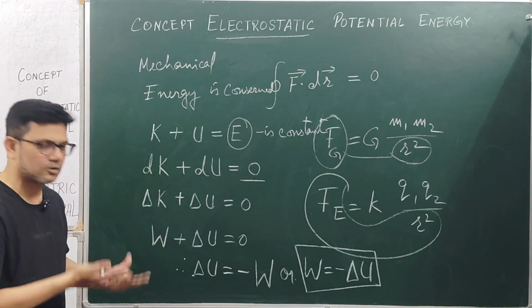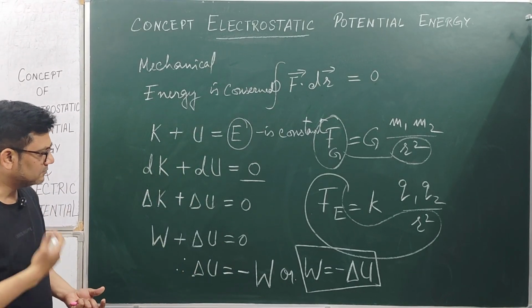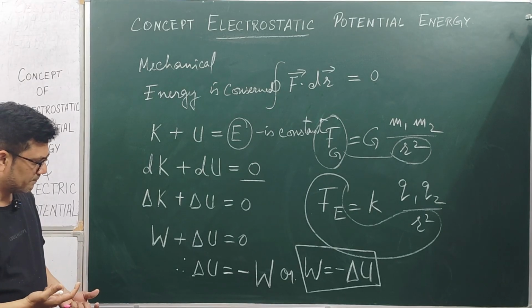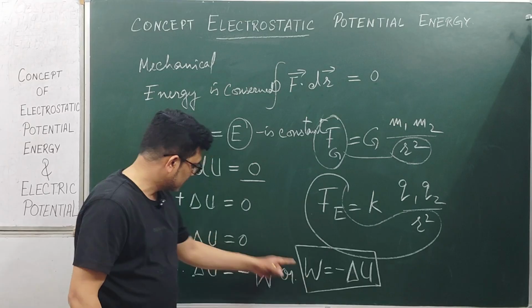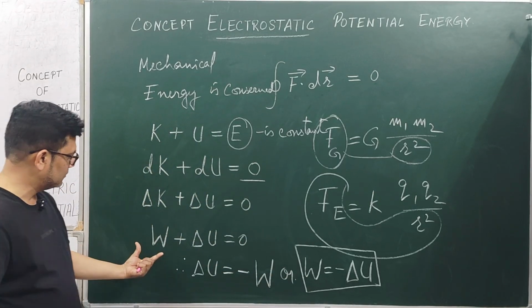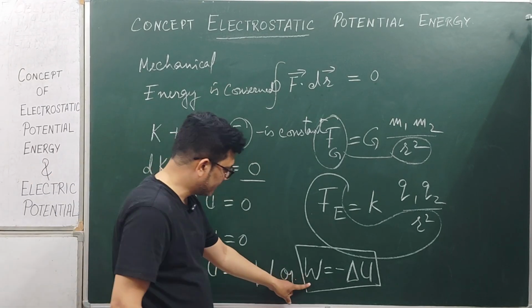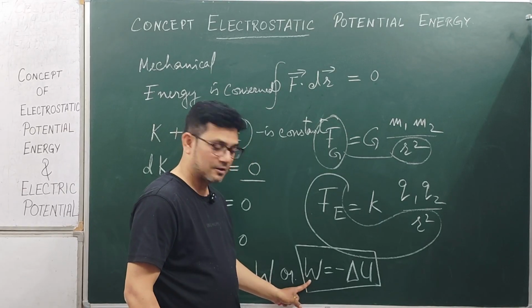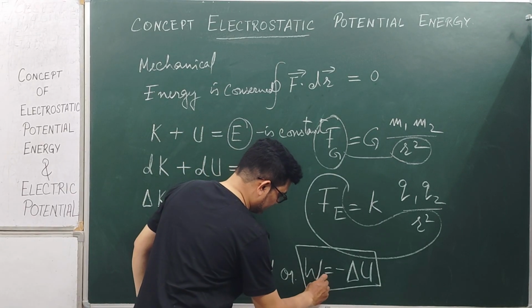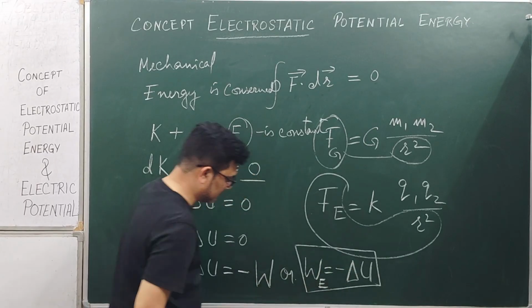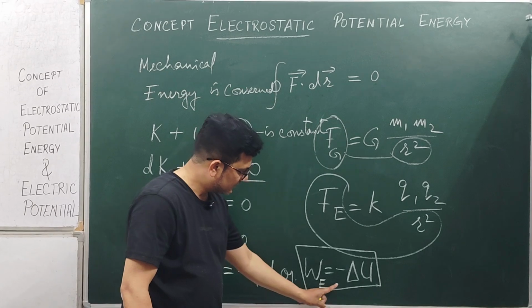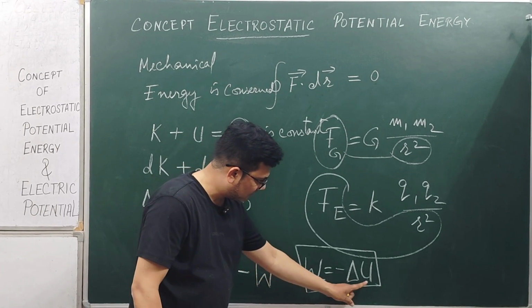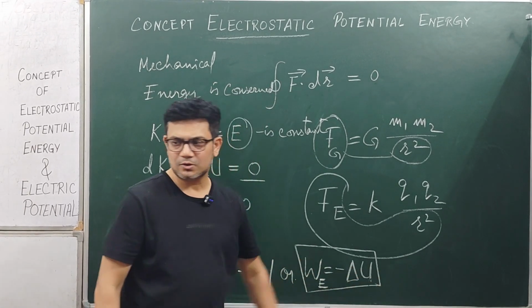Extremely important concept here. If one conservative force is there, we get a very interesting relation. If you go in sequence to relate with the work done, we get the work done by the conservative force. Here we have a conservative force as the electrostatic field. So work done by the electrostatic field is equal to negative of delta U. So what does it mean?